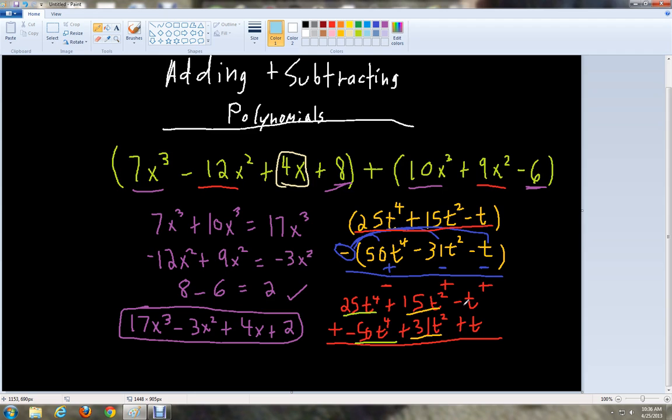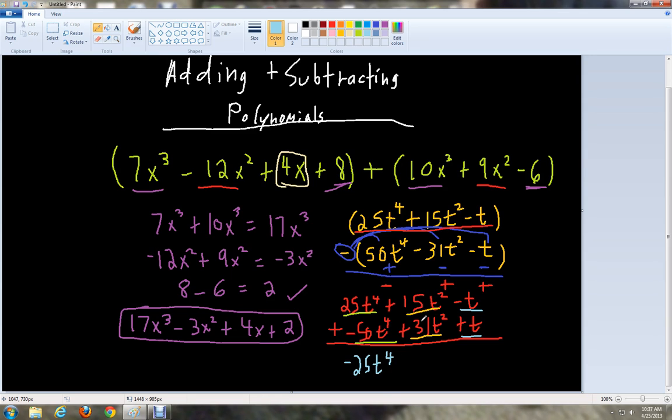And then finally we have negative t and the positive t, those are like terms. So if we combine these together, we get the coefficients for 25t to the fourth minus 50t to the fourth. So 25 minus 50, that's what? Negative 25, right? Negative 25t to the fourth.